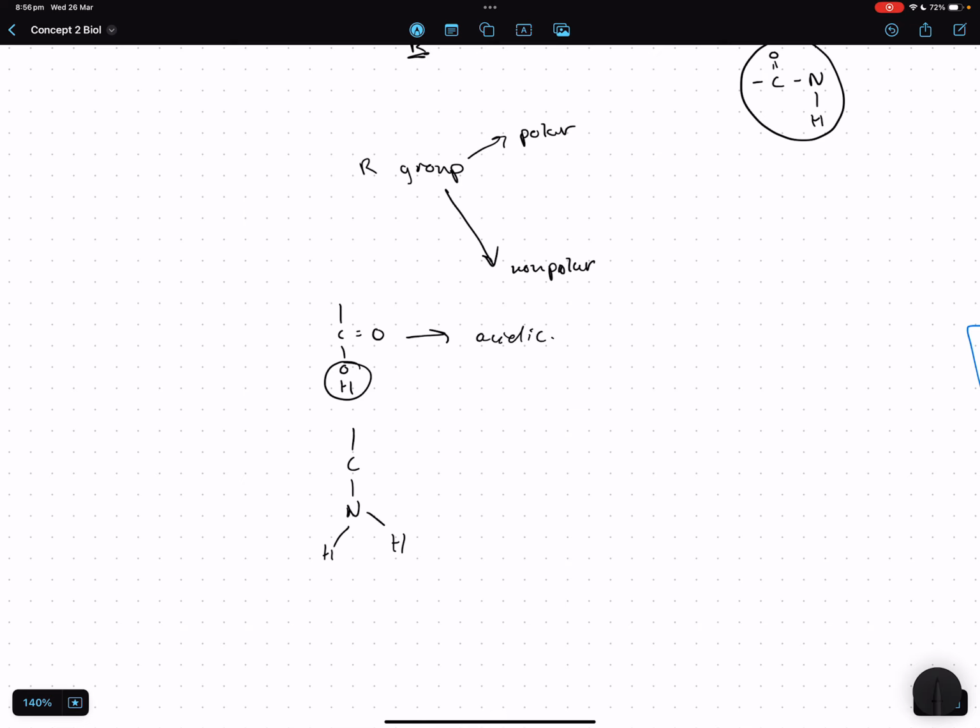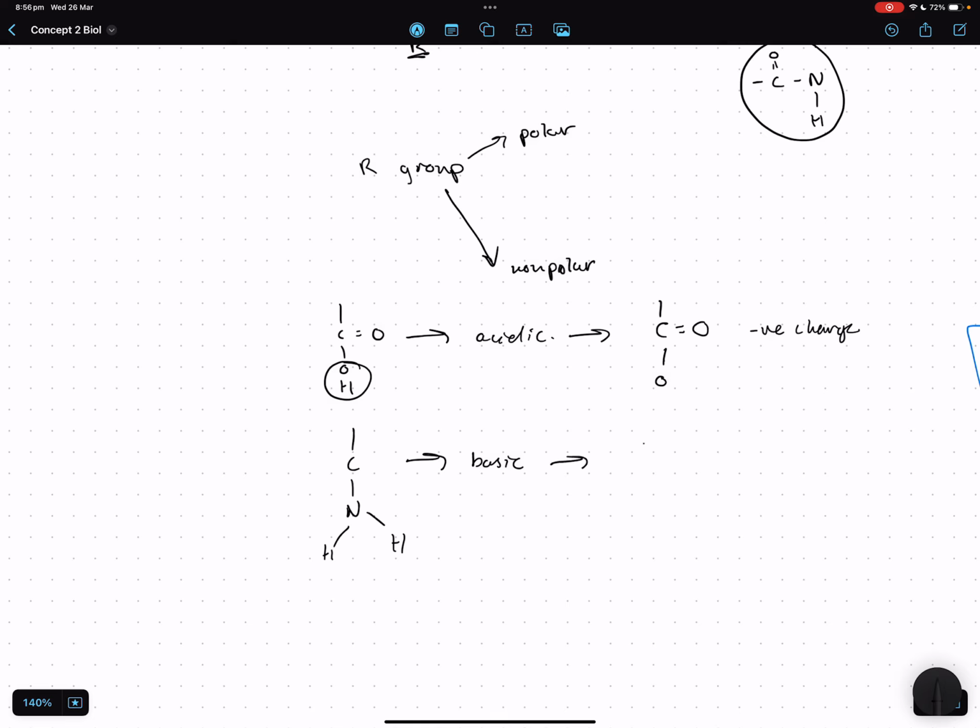this is probably going to form basic interactions. If you just look here, this one will probably lose things and become like this, and this is a negative charge. So it's acting as a donor, so it's acidic.